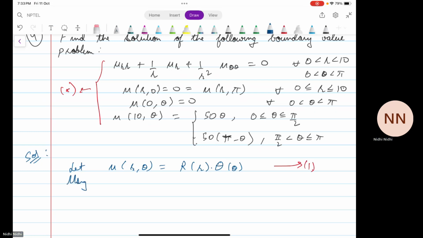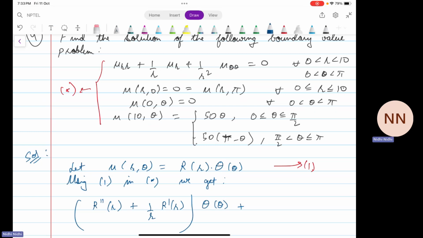Using first in star, we get R double dash times Theta plus 1 by r R dash times Theta plus Theta double dash times R by r square equals 0.